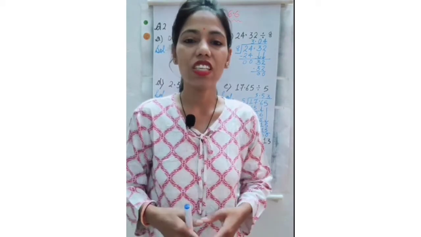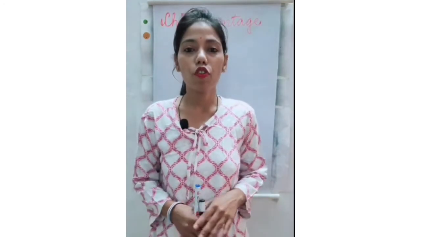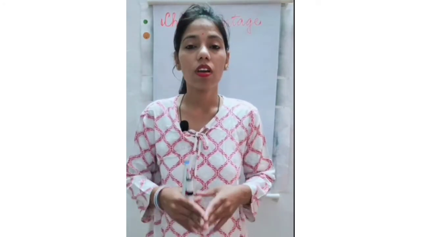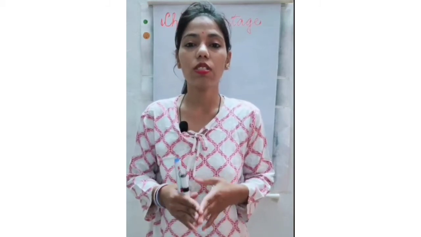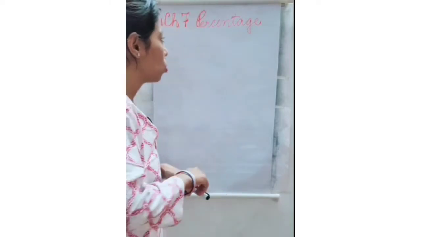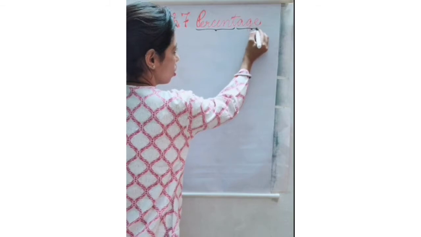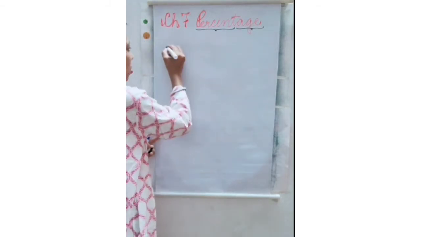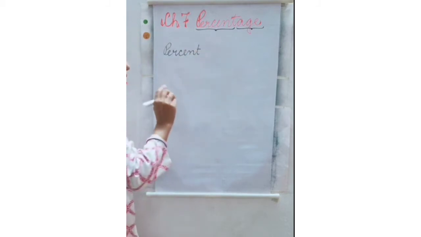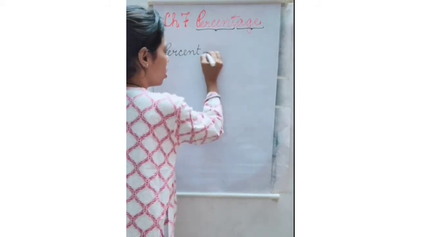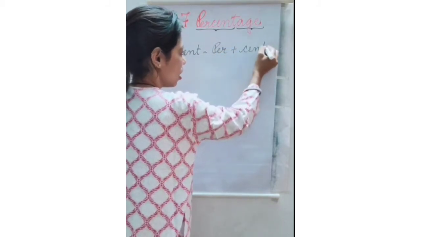Now we will start next chapter, chapter number 7, percentage. Before starting exercise 7.1, first thing to understand is what is the meaning of this percent. The word percent is made up of 2 parts: per plus cent.